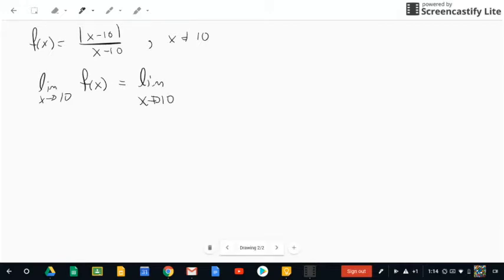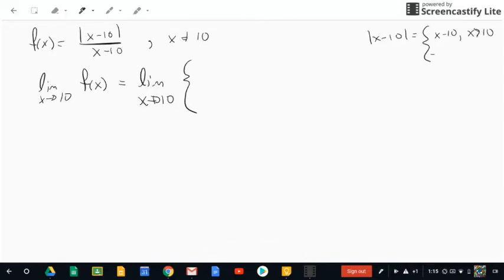Now we're going to have to rewrite this function because it's got an absolute value in it. So in order to understand this, we're going to have to break that apart into its natural pieces. So we know that the absolute value of x minus 10 is going to be x minus 10 as long as that expression is positive, and that's going to be true so long as x is greater than 10.